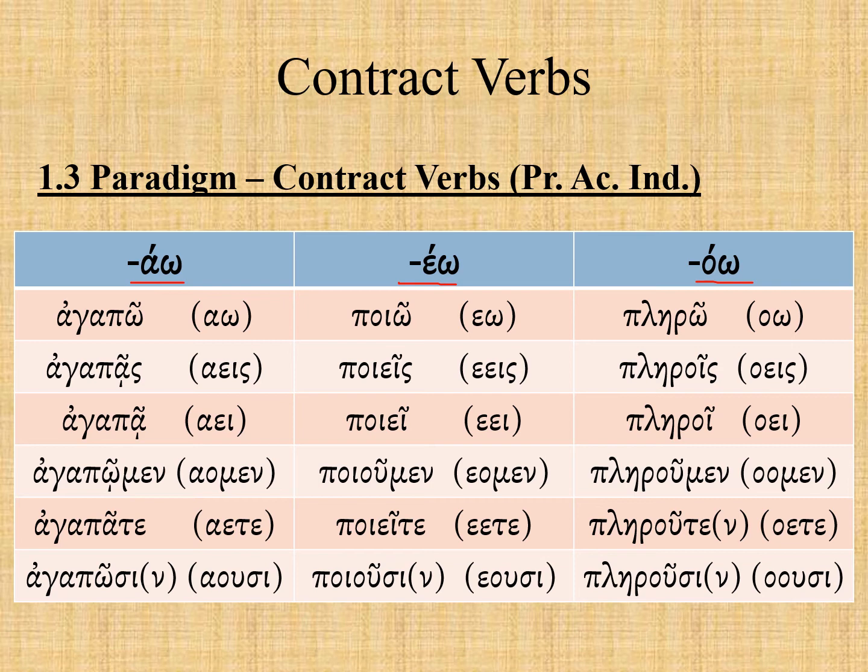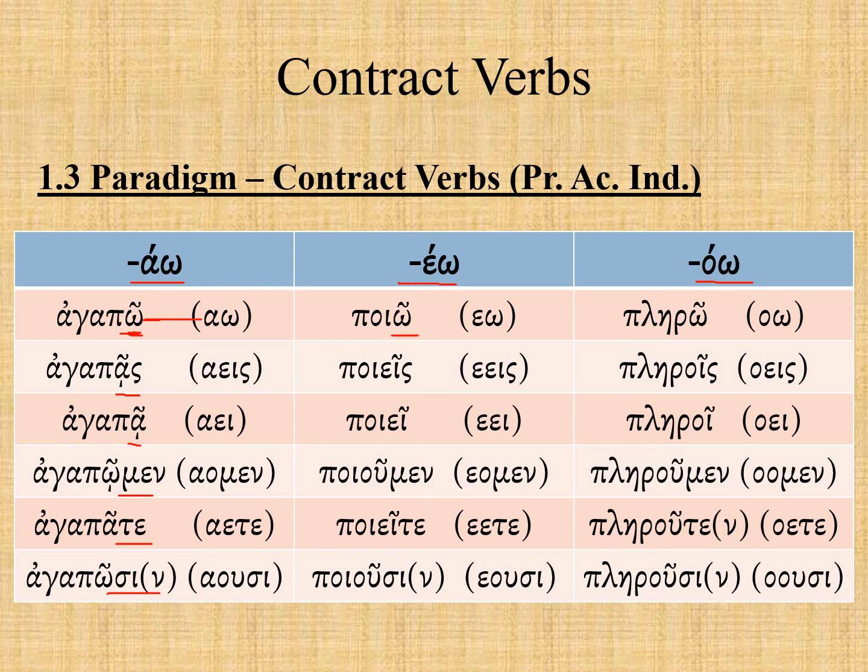So here you can see that from agapao, there's a contraction, and the ending actually is agapo, I love. Agapaeis becomes agapas, agapae becomes agapa, agapaomen becomes agapomen, and agapate, agapasi. So if you're looking at the endings here, you should deduce or realize what the actual verb person is.